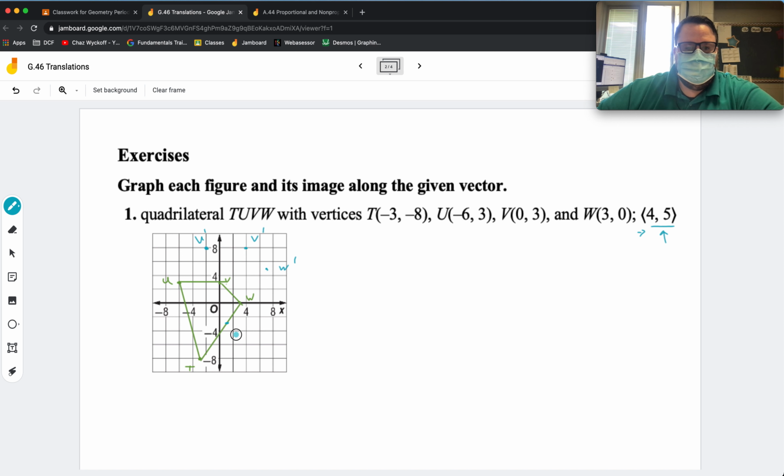That's T prime. Now I'm going to draw my lines again. A heads up: if you hold the shift key down as you draw the lines, that's how you get straight lines. And there you go. We have our pre-image and our image.